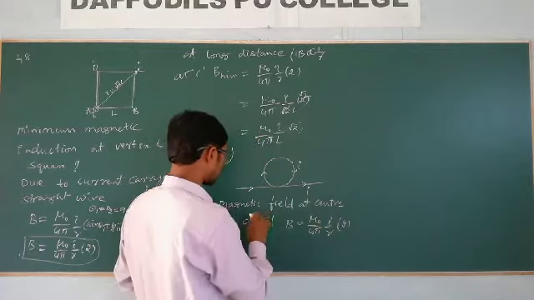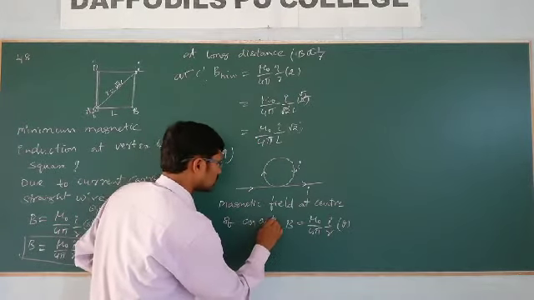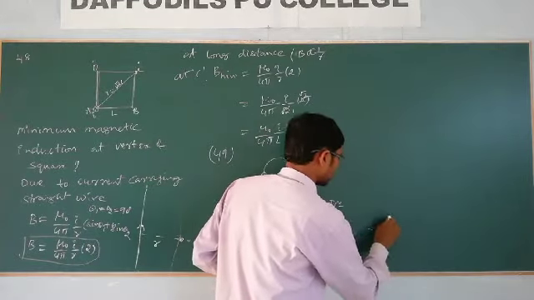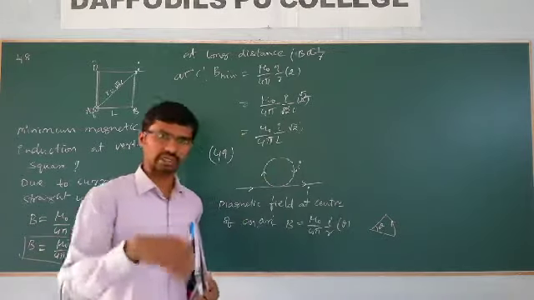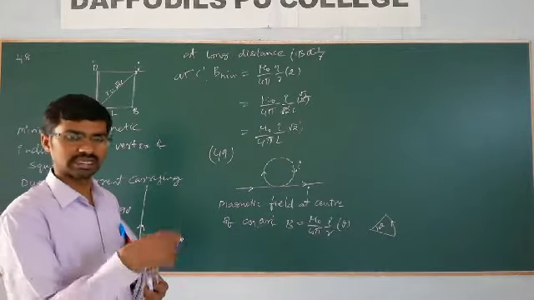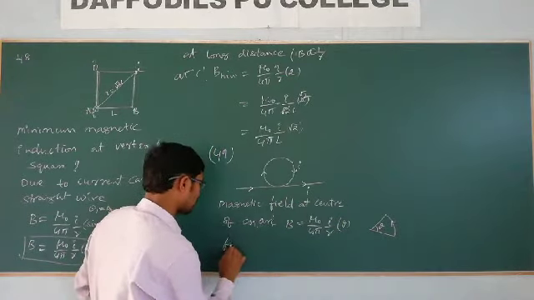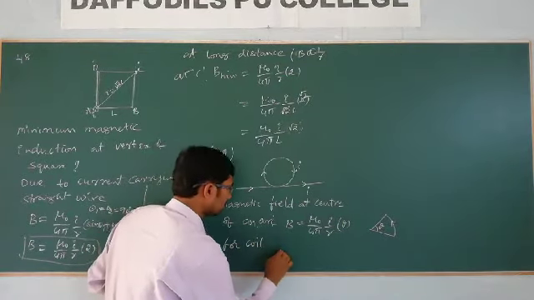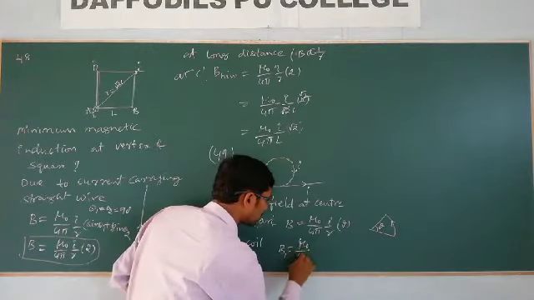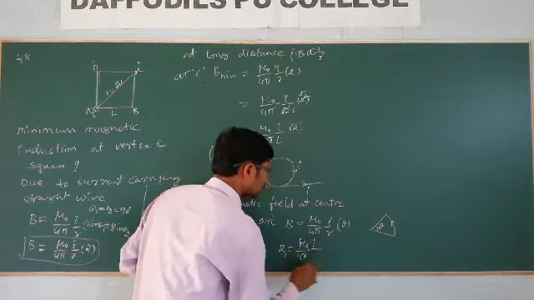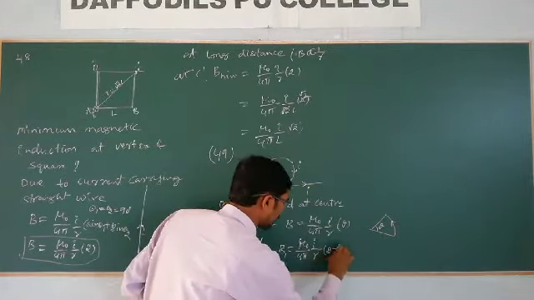That is, instead of a full coil, if you take an arc, you can find it for any semicircular circuit. So theta is for the circle; for a complete coil, B1 is equal to mu naught by 4 pi I by R into 2 pi.